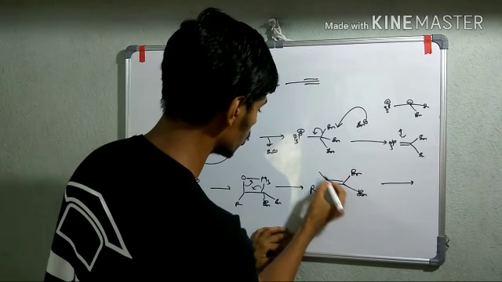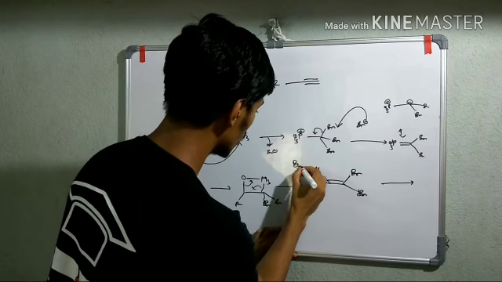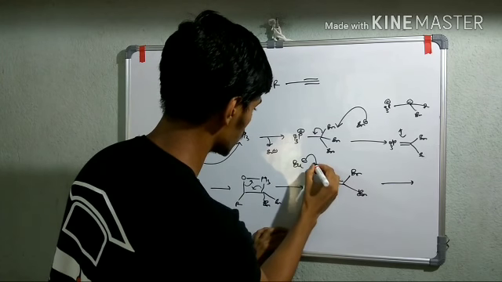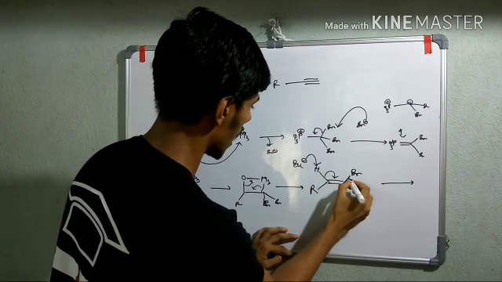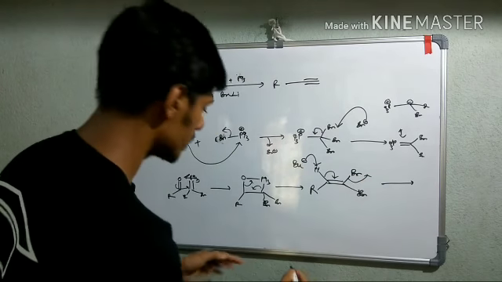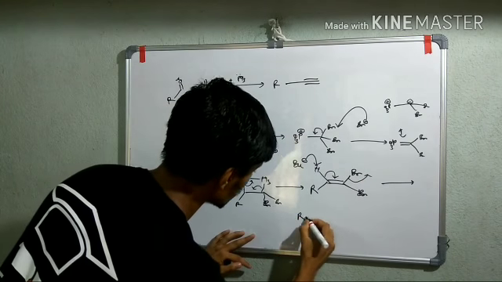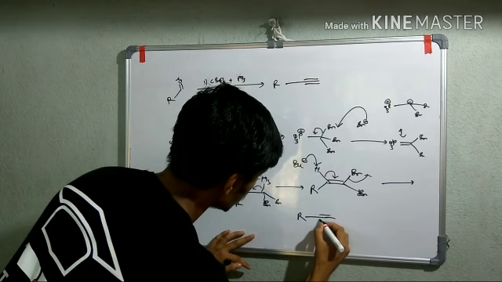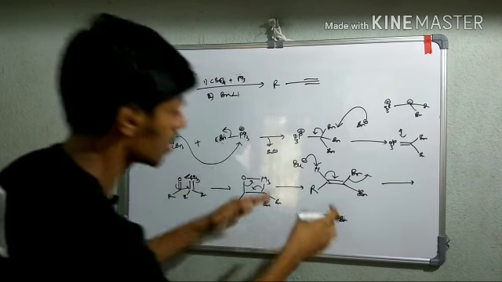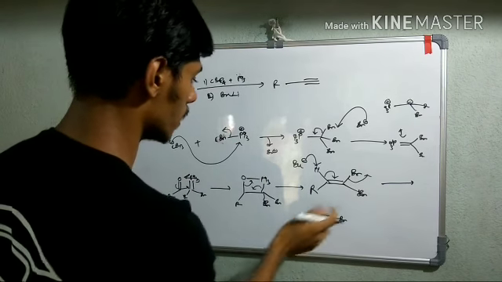So what does butyl lithium do? Butyl lithium will do this elimination reaction. It will take this hydrogen and it will go like this. By this elimination reaction you will get this product, so this alkyne you will get, but you have a bromine here.